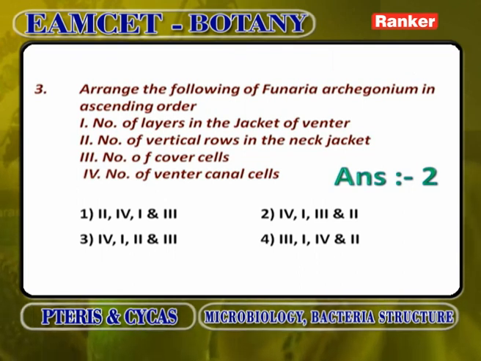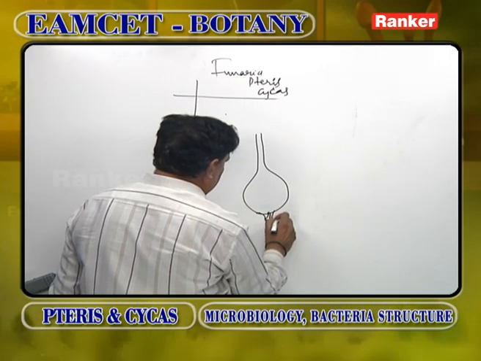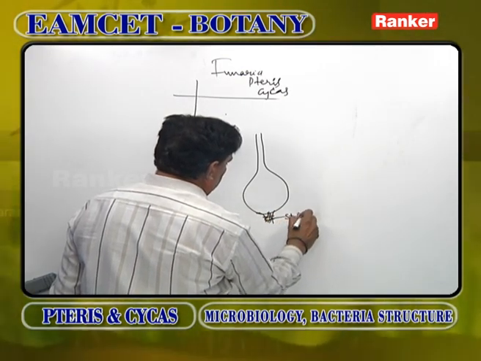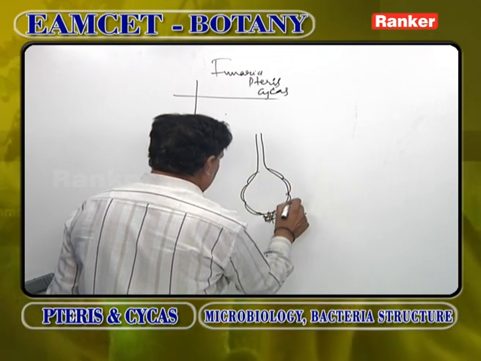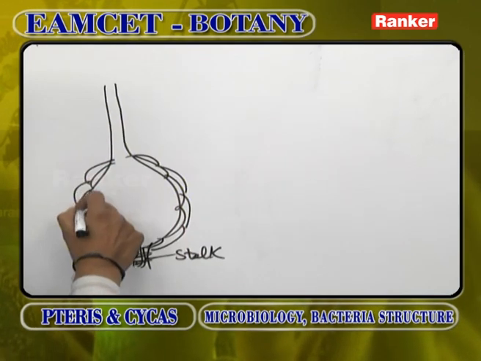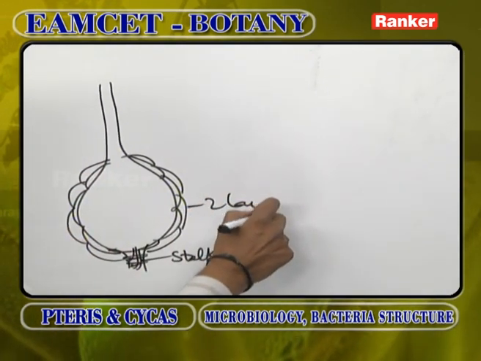In the archegonium of Funaria, it shows a multicellular multiseriate stalk. Venter surrounded by a two-layered jacket.